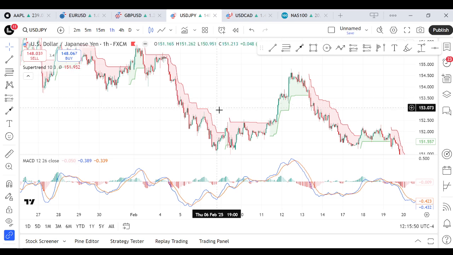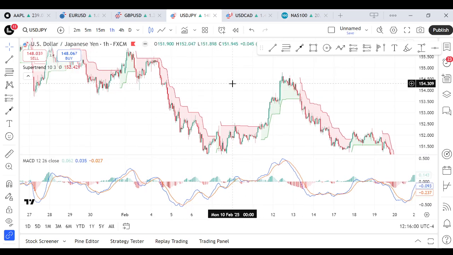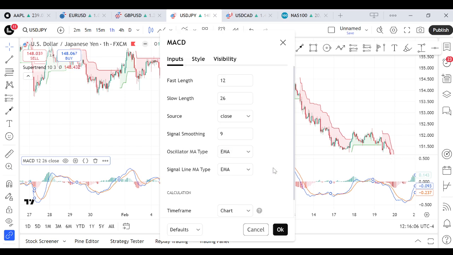But the first step is setting up your chart, setting up your indicators. Start by adding both the Supertrend and the MACD indicators, just like you have here on the chart. For the MACD, use the default settings of 12, 26, and 9.